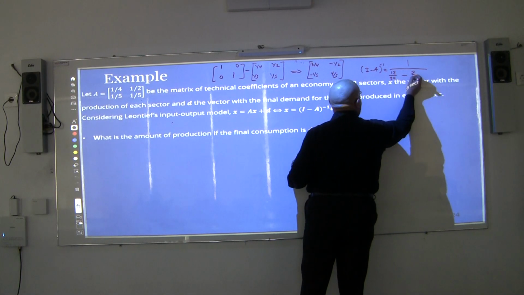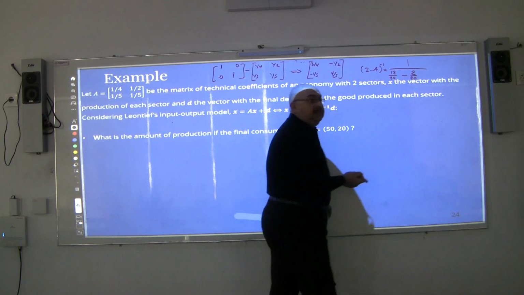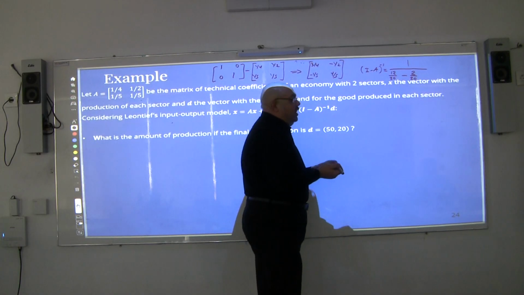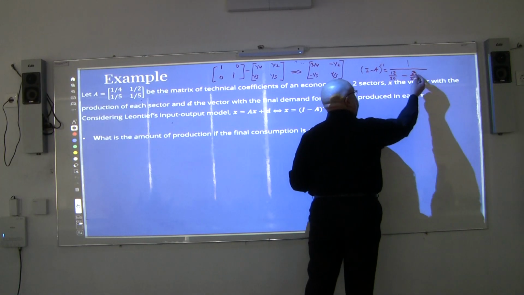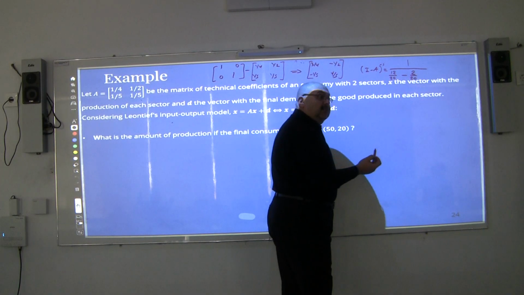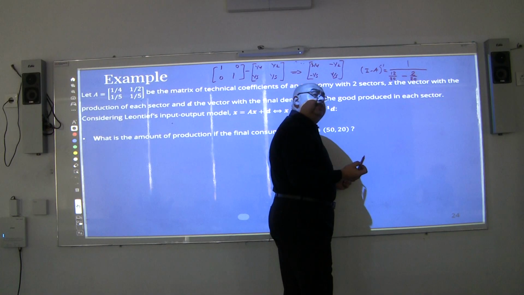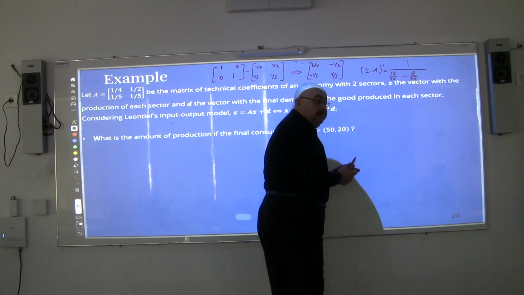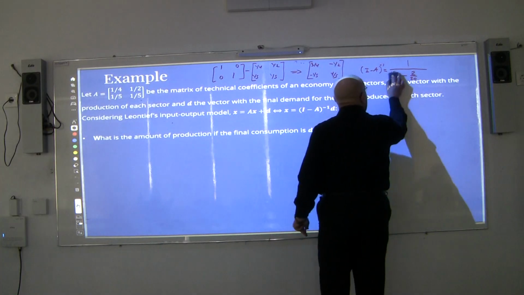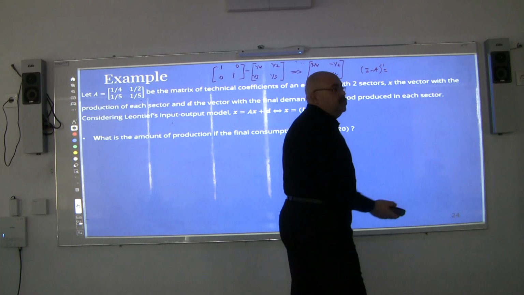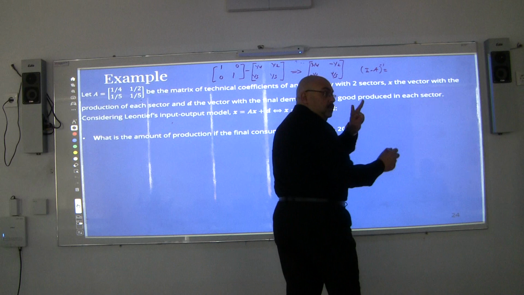This is going to be 2 over 20, which is 1 over 10. So now I can find this value, which is 12 minus 2, 10 over 20. 10 over 20 in the denominator is half. So if you flip it, it's going to be 2.